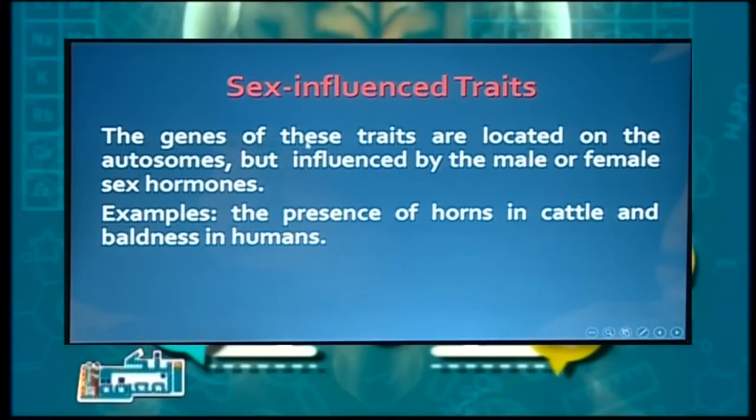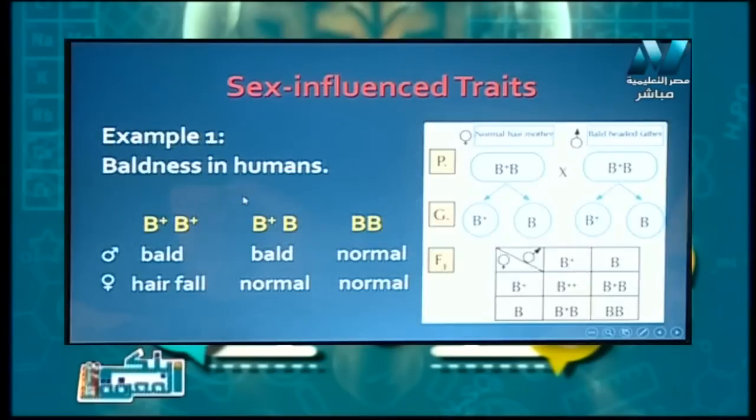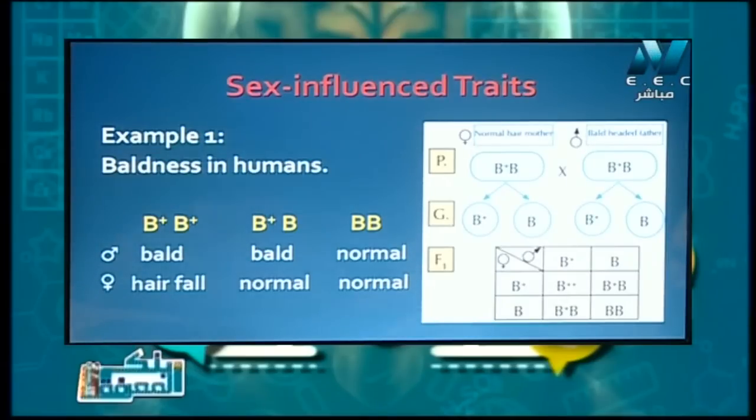So some of the genes found on the autosomes need the male or female hormones to show the character. So they are influenced by the male or female hormones. Examples of this case are horns in cattle and baldness in men. In this case, we don't speak about the sex chromosomes, but we speak about the sex hormones.